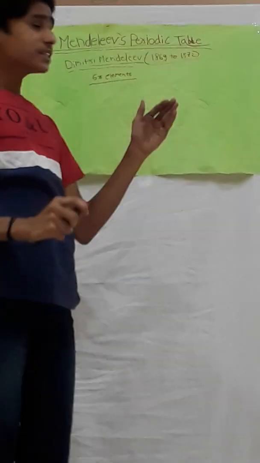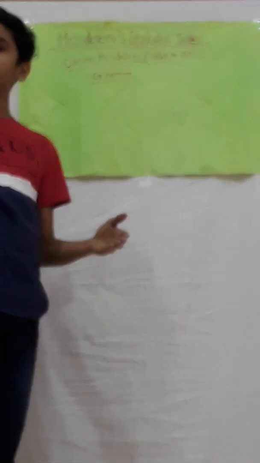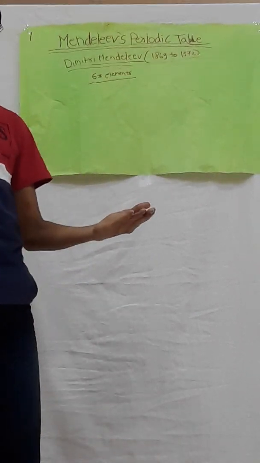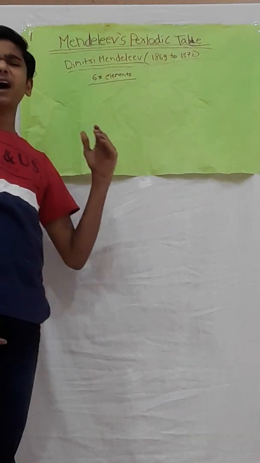Mendeleev arranged the elements on the basis of physical properties such as melting point, boiling point, densities of the elements, and on chemical properties such as molecular formula for hydrates and oxides of the elements.